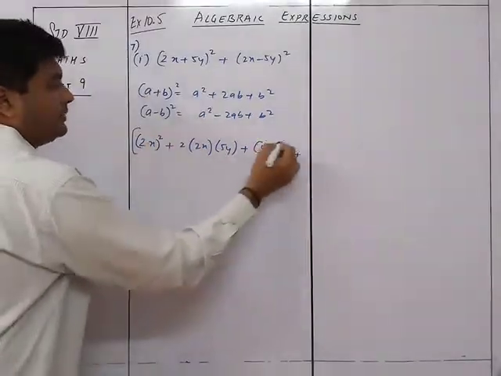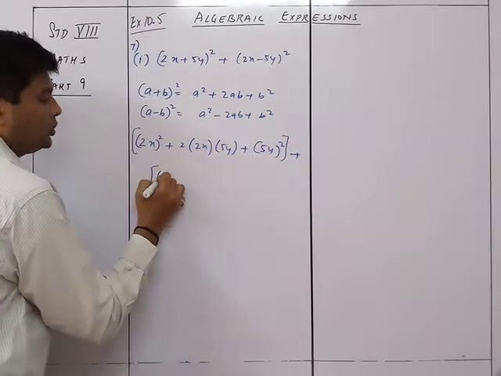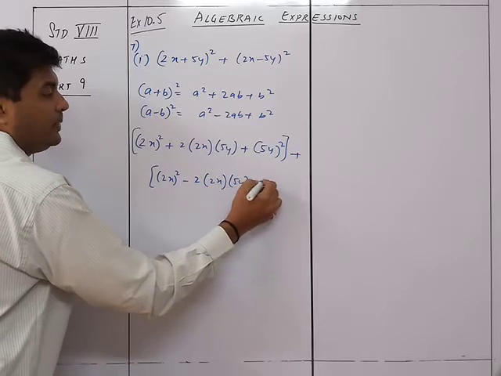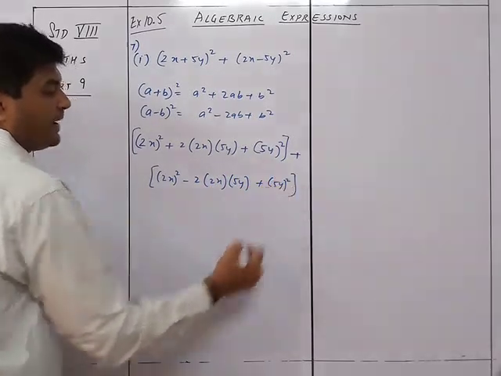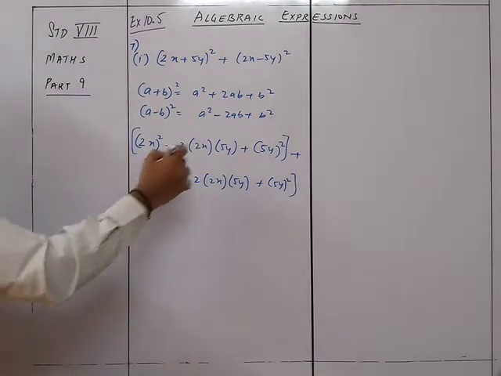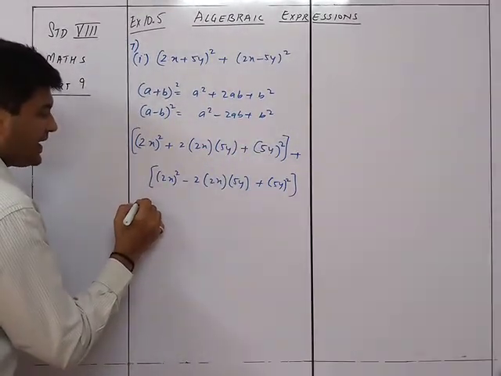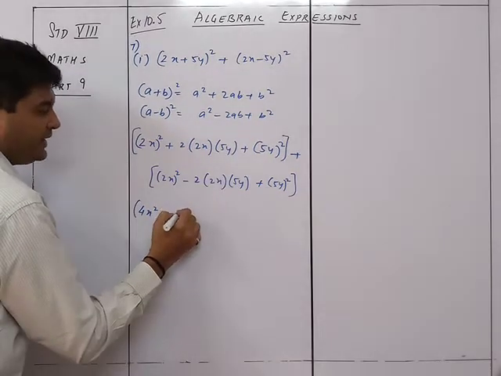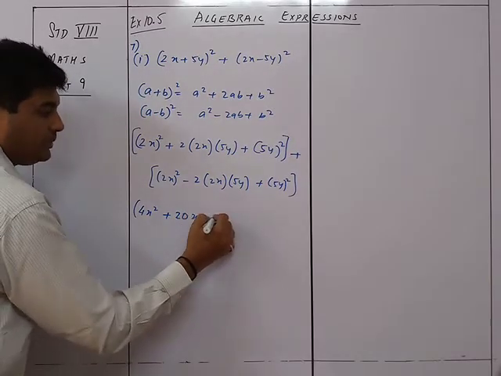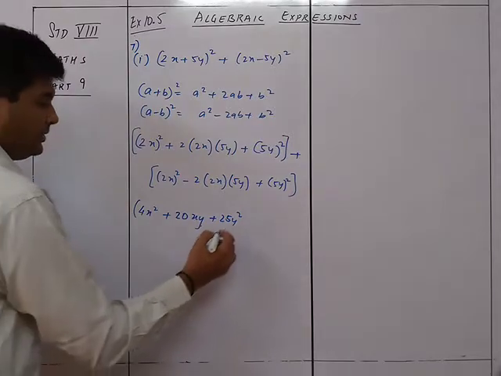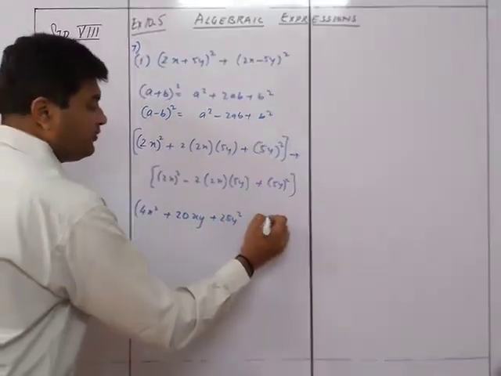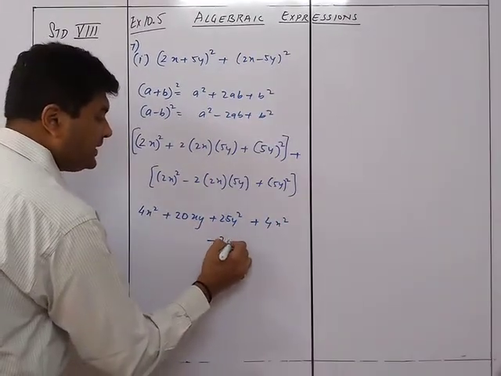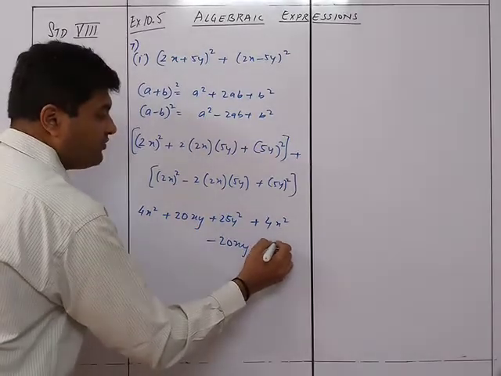plus, so this is one bracket. The other bracket will be again 2x the whole square minus 2 into 2x into 5y plus 5y the whole square, bracket close. You open the brackets first inside, so it will be 4x square plus 4 5s are 20, so 20xy plus 25y square, plus, we don't require the bracket now, 4x square minus 20xy plus 25y square.